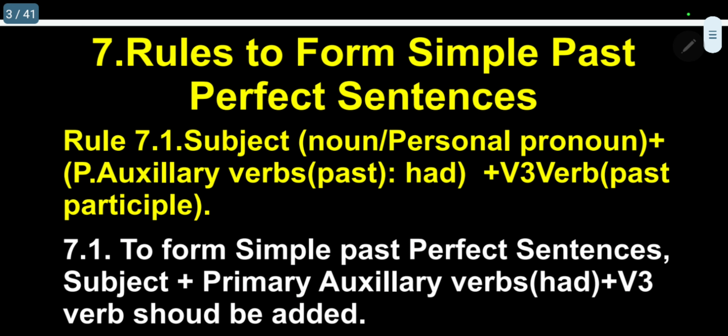Now, rules to form simple past perfect sentences. Under this, the first rule, that is 7.1, I can say. 7 is the type of the sentence, rule is 1. So, the formula is subject. Subject, you know already, it may be a noun, it may be a personal pronoun, plus primary auxiliary verb, past tense, that is had, we have to use, plus V3 verb, past participle, should be added.